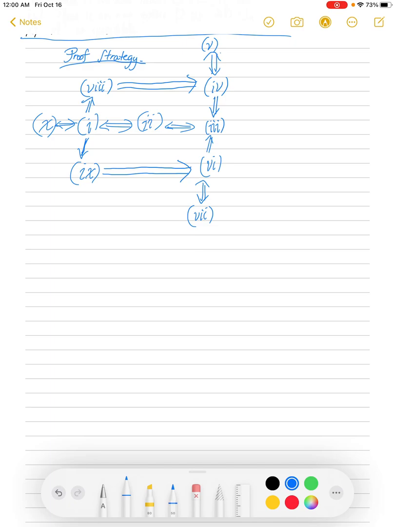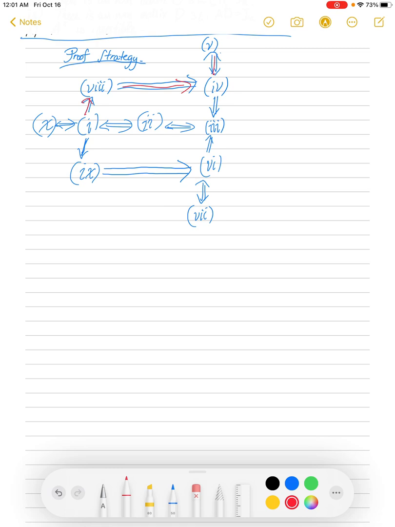The idea is, I have all my statements listed 1 through 10, and I should be able to get from any one statement to another. For example, let's say I wanted to get from 1 to 5. I could follow this arrow. No, that's not a good way, right? You can't go back against that arrow, so that's not a good path to take.